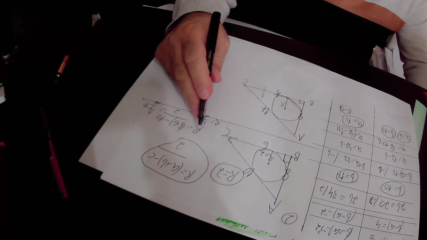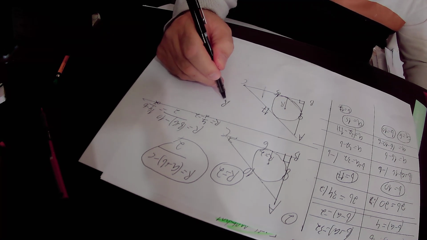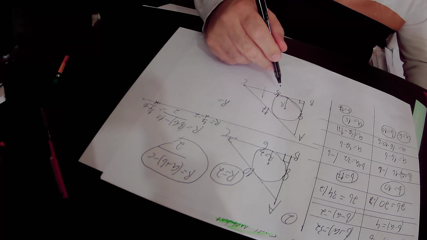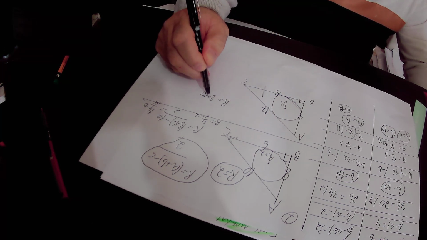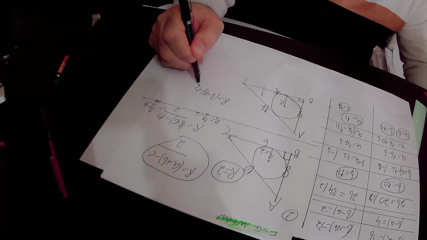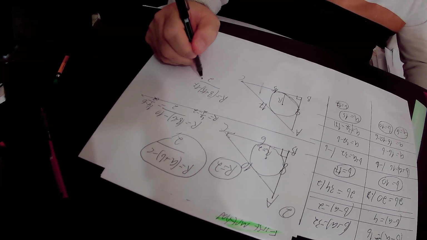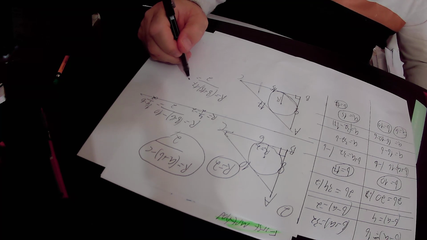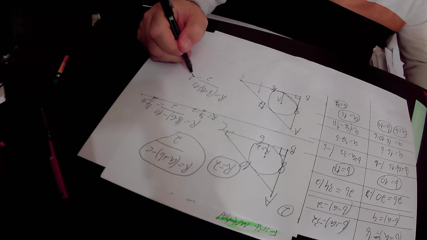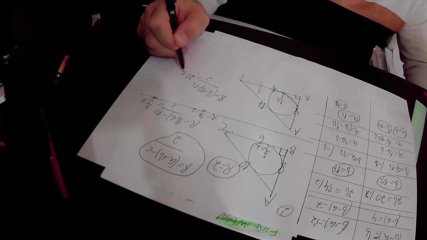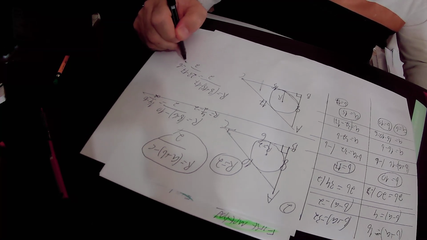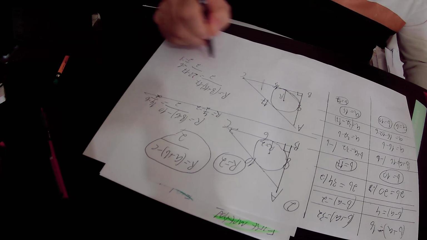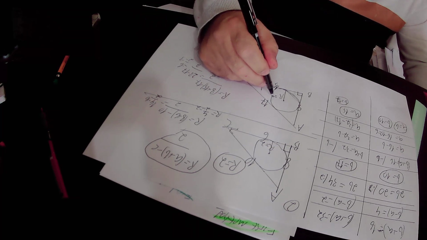According to the new formula, the radius equals the sum of its perpendiculars, that is 8 plus 15, minus the hypotenuse, that is 17, over 2. 8 plus 15 is 23, and 23 minus 17 is 6, and 6 over 2 is 3. So here R equals 3 units.